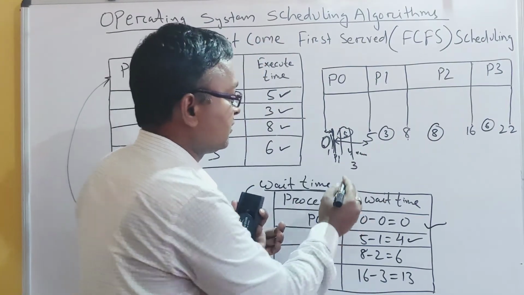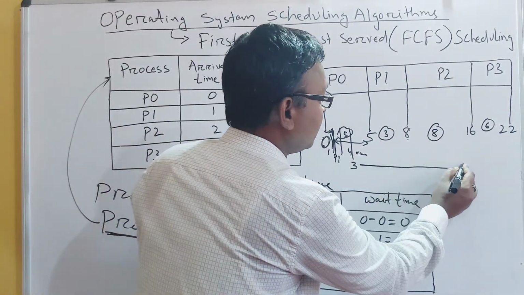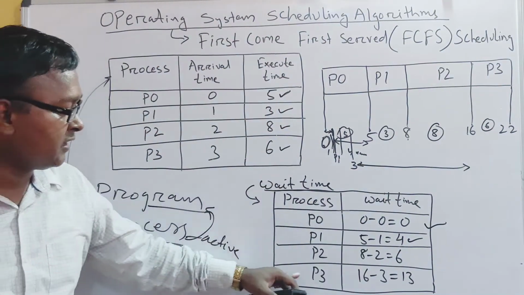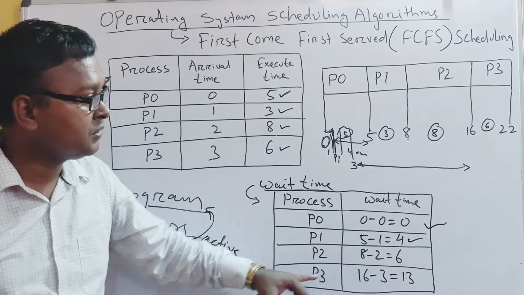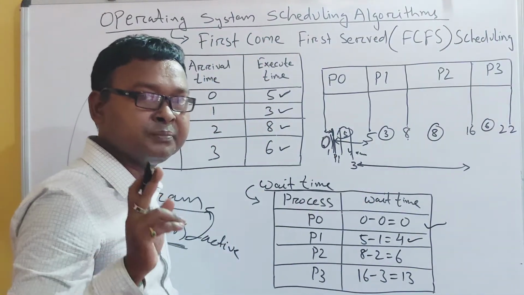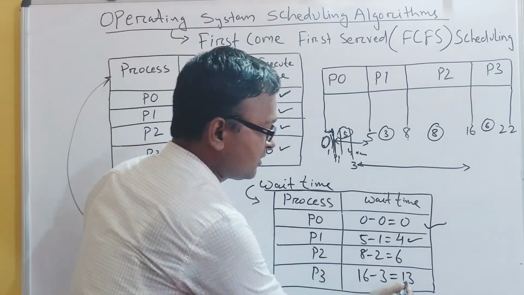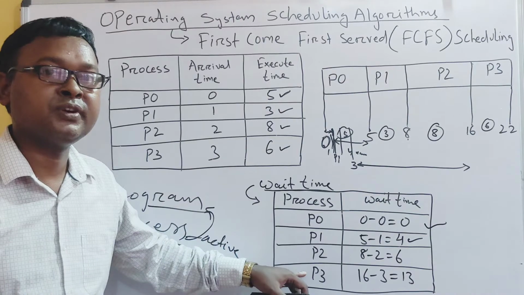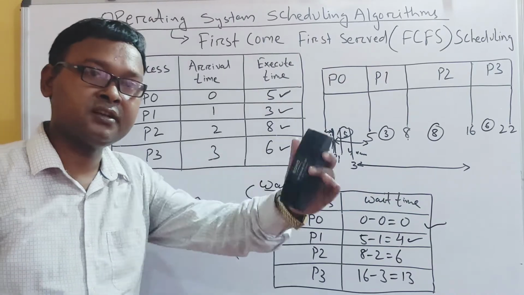It is waiting until P2 completes, then P3 can enter into the processor. So what is the total waiting time? 16 minus 3 for process P3. 16 minus 3 is 13 nanoseconds, so P3 has waited 13 nanoseconds to get the processor.